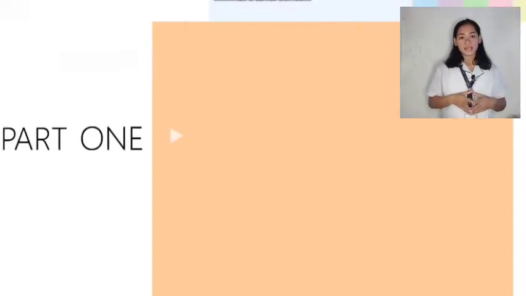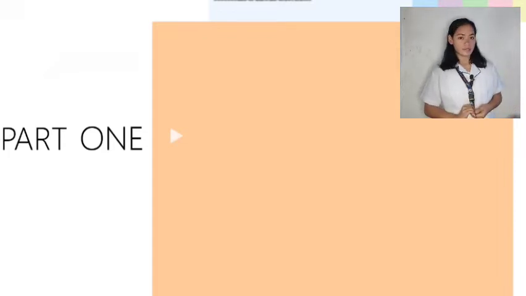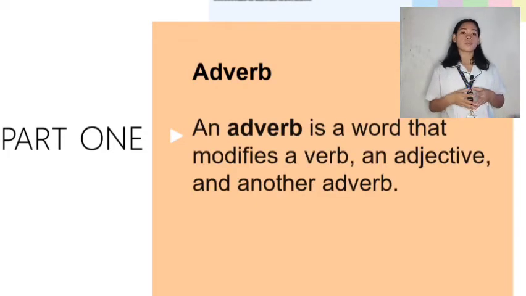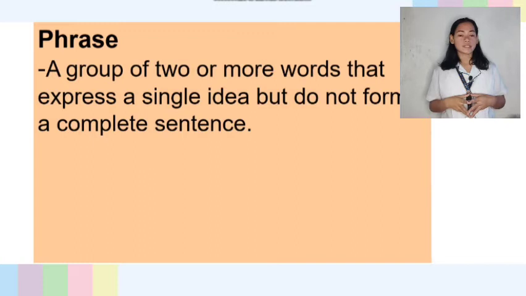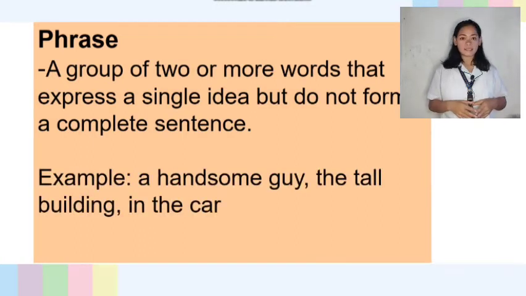Let us now understand what is an adverb phrase, also known as the adverbial phrase. An adverb is a word that modifies a verb, an adjective, and another adverb. A phrase is a group of two or more words that express a single idea but do not form a complete sentence. Example, a handsome guy, the tall building, and in the car.